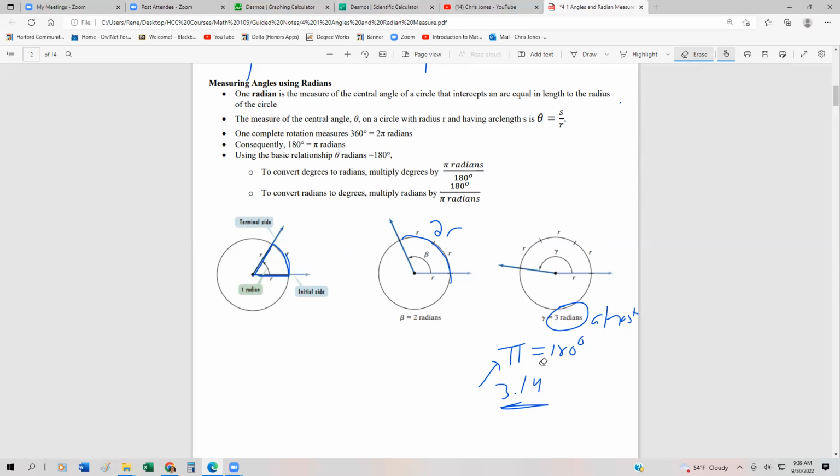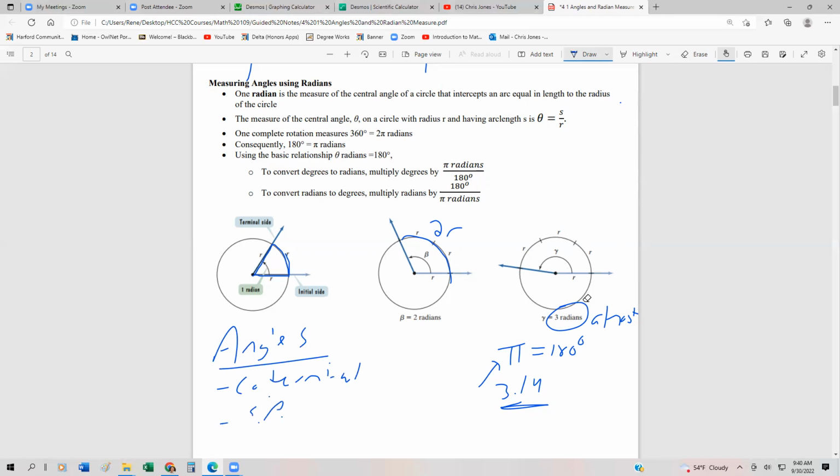Remember, pi is an irrational number, so we can never really figure out the exact value of pi, but we can at least understand that 3 radians is almost half of a rotation along our circle. That's all of our definitions. Key definitions to remember: basic stuff about angles. Make sure we understand coterminal and standard position.